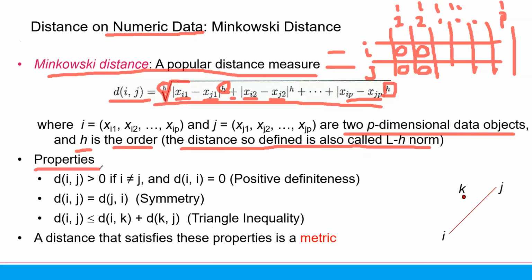There are 3 properties. First is the distance Dij is higher than 0 if i is not equal to j, and Dii is 0.